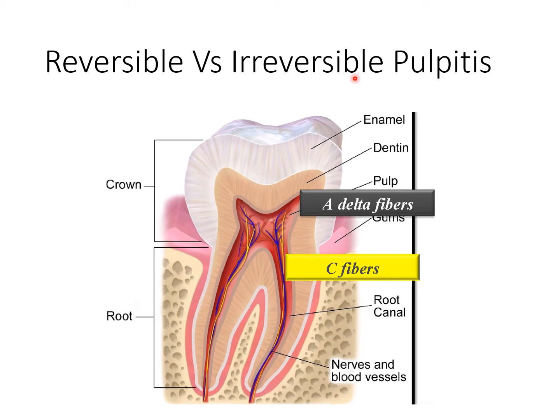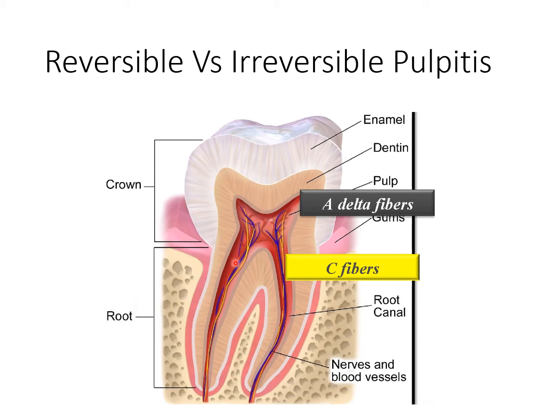Now irreversible pulpitis will give you deep dull aches, and these deep dull aches are transmitted by C fibers, which are more in the body of the pulp. So if the patient is complaining of a dull ache, that means the inflammation has already reached the body of the pulp, and this kind of pain requires some kind of pulp therapy.